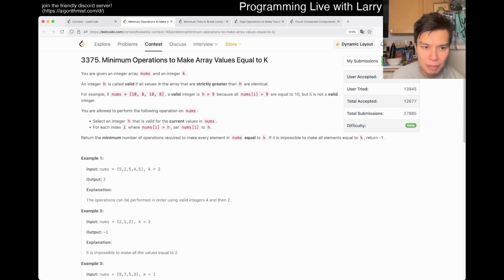Yeah, of course. Okay. So you choose a number. Everything bigger than it gets smaller. Return the minimum number of operations to make any. Oh, the K? Okay. So basically you take the biggest number, so okay, how would you do it?